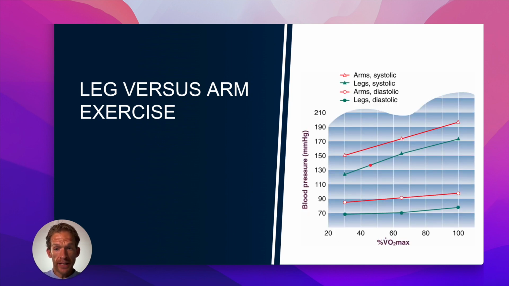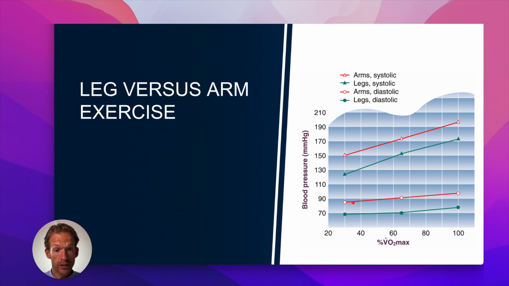And in this graph, you can see for blood pressure, also an interesting difference, connected to the previous graph, where you see again exercise intensity expressed on the horizontal axis from low to high, and here the blood pressure for the systolic blood pressure and the diastolic blood pressure.